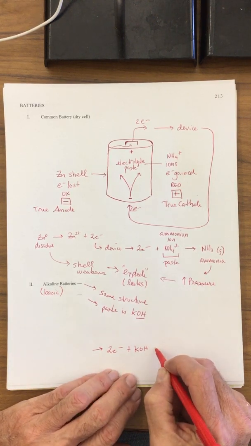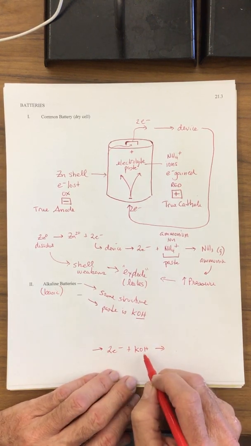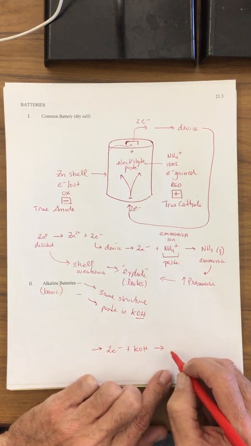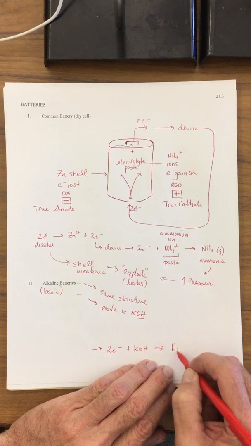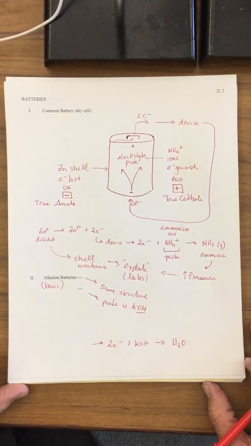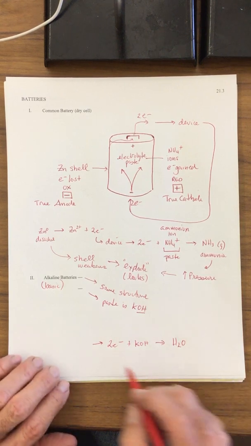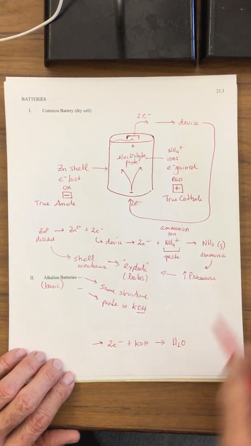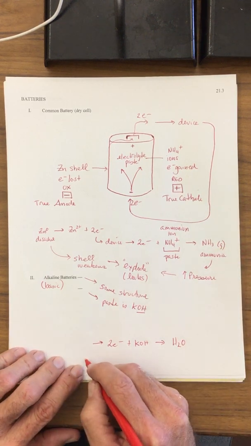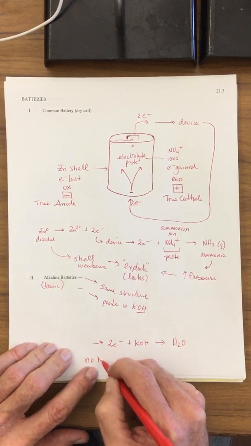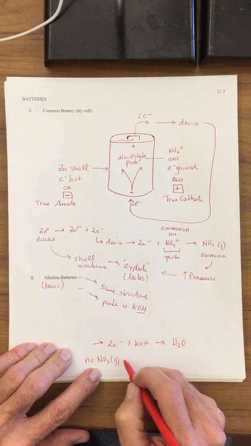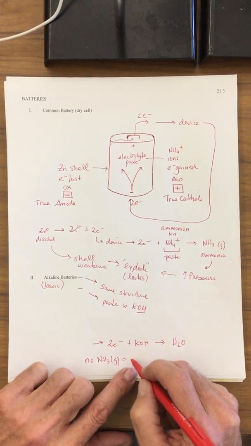The reaction from this is the electron will jump onto the OH with an additional H, and it's going to create water. So the summary of this is that we're not building up gas pressure. Since we have no ammonia gas being produced, we don't see an increase of pressure.